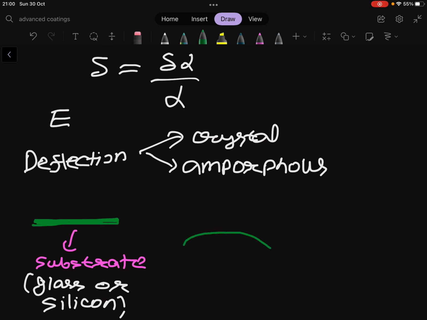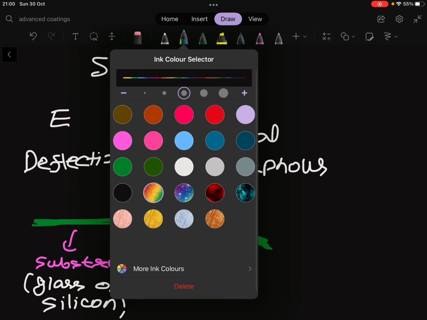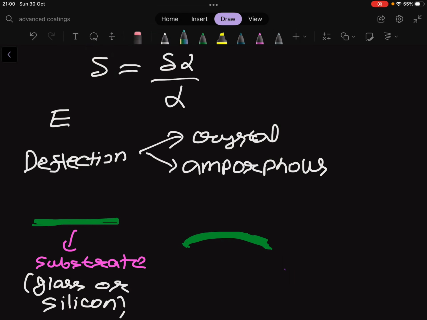This is our substrate, and this is our coating.